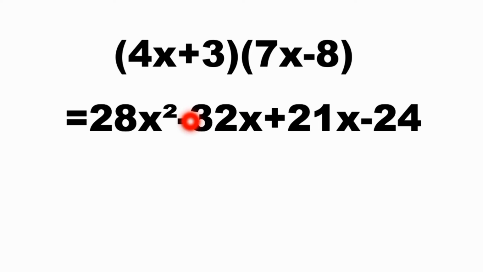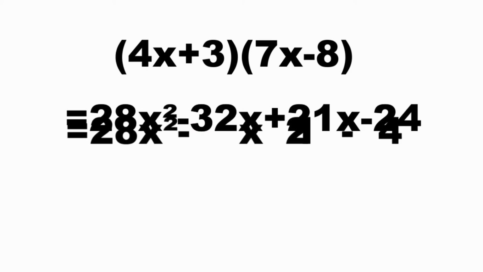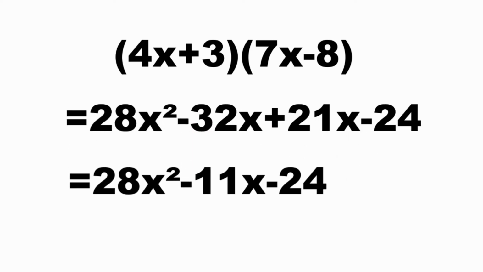Since the absolute value of negative 32 is greater than the absolute value of positive 21, by the law of integers, this is minus 11x. So the final answer is 28x squared minus 11x minus 24.